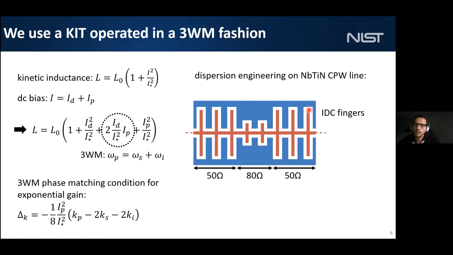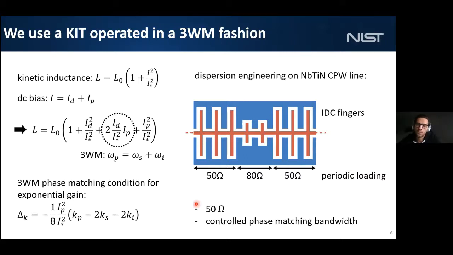And we added some IDC fingers on both sides. And we also change periodically the impedance of that line. And so it essentially gives us 2 things. First, the line is matched to 50 ohm, and also we control that way the phase matching bandwidth, so the bandwidth over which we have this phase matching condition that produces exponential gain.